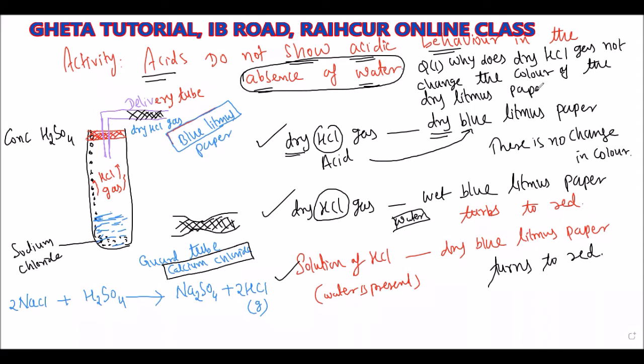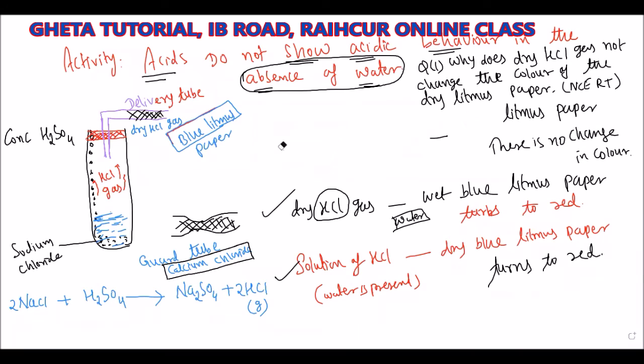Okay, that is one question from your textbook, the NCERT question. Why does dry HCl gas not change the color of the dry blue litmus paper? Why is it not changing the color?